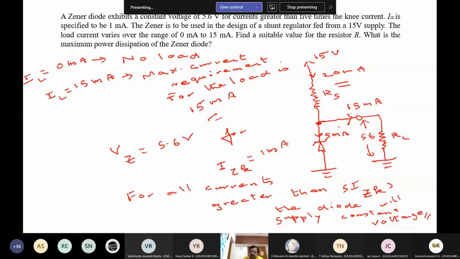Then only it will bifurcate like this, so that the diode will get into action. Okay, it would have got into action even at 1 milliampere, because that is the knee current. But if it had been operating at any current less than 5 milliampere, it would not be delivering 5.6, rather smaller voltages. So to get a constant 5.6 volt, I must get this condition, 5 milliampere. So you have to think like that.